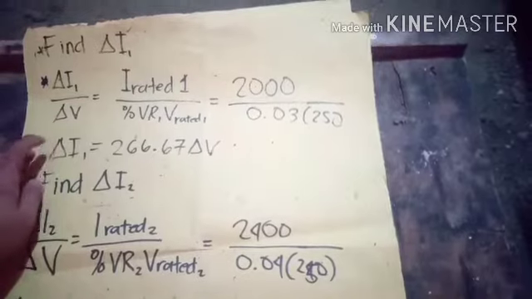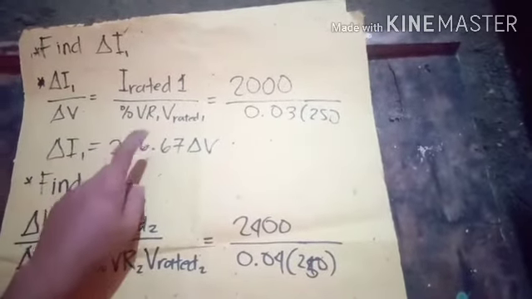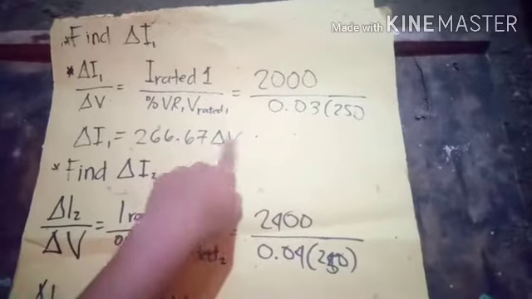The change of I sub 1 is equal to 266.67 times change of V.